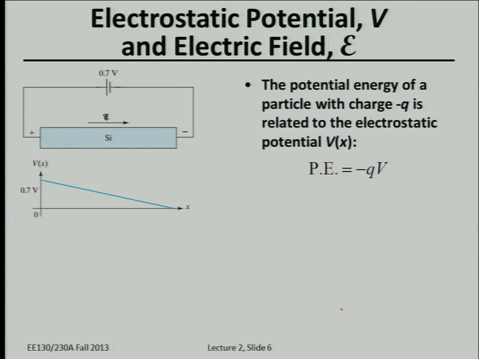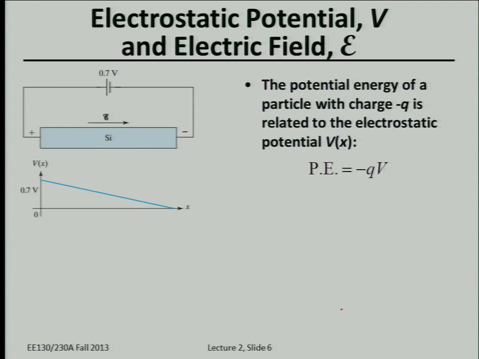So we can plot the electric potential as a function of distance or location in this sample. So it starts at 0.7 volts on the very left side and goes down to 0, the reference level, on the right side. And so the potential energy, because the electron is negatively charged, is going to be equal to minus q, the charge on the electron is negative, times the electric potential.